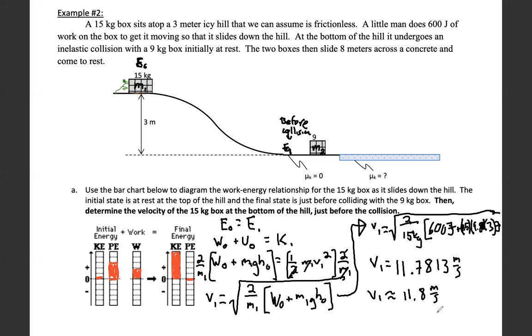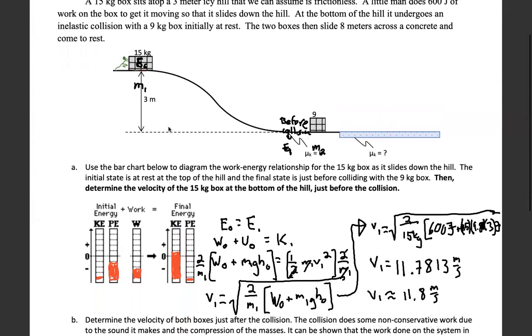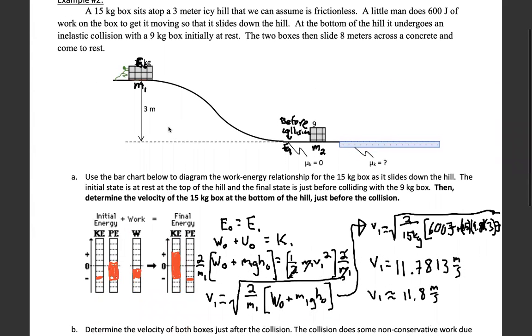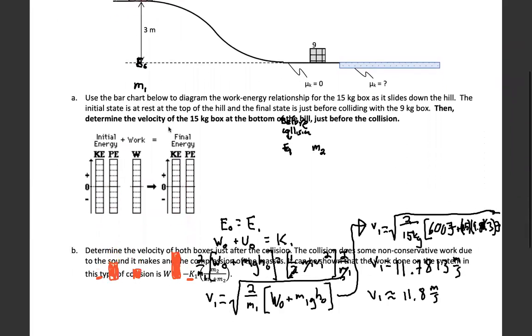So that was part A, which is basically exactly the same thing that Mr. Woodward did. We're going to go on to part B, which is somewhat different here. We know that V1 is 11.8.